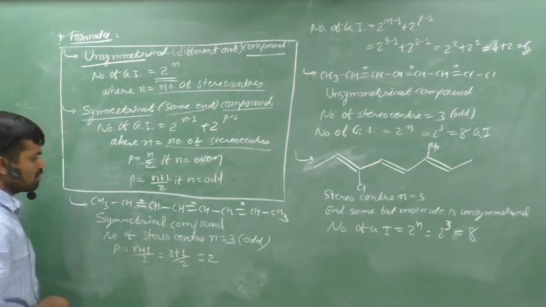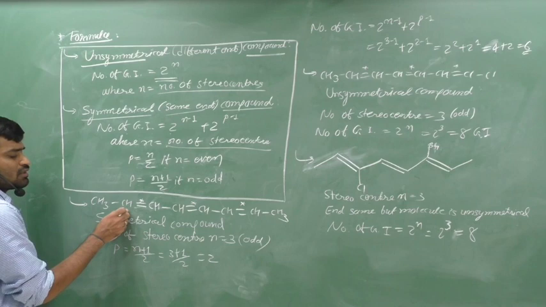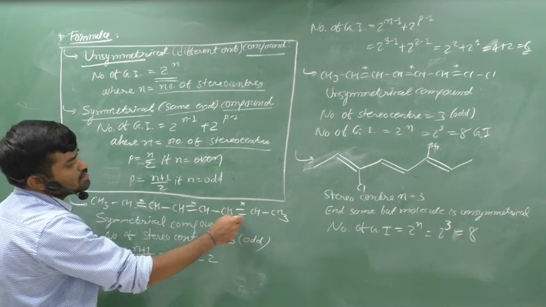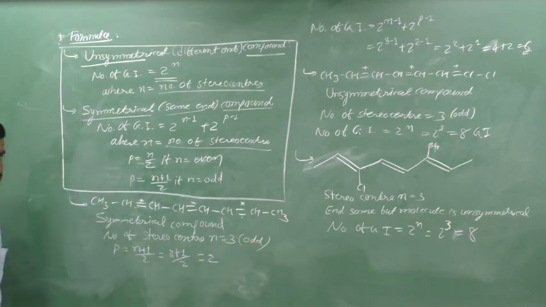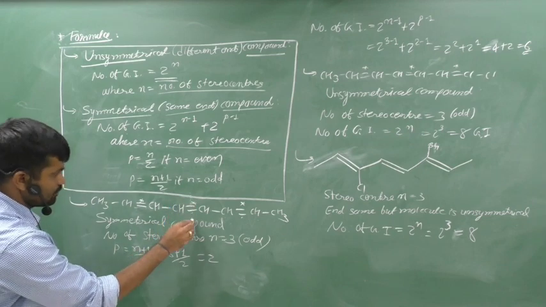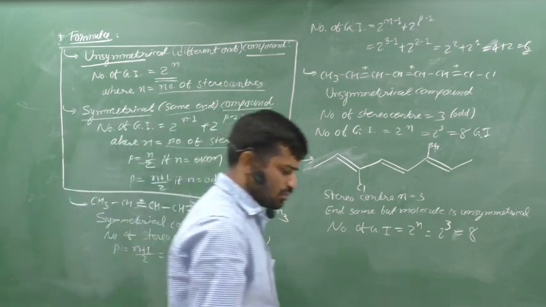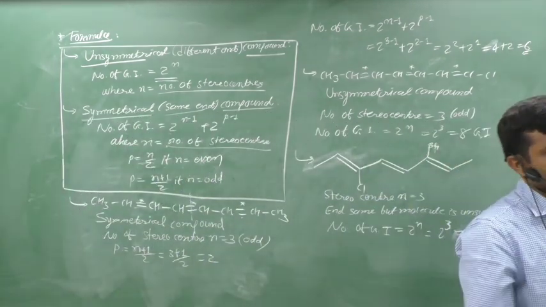Suppose we have a compound like this: CH3, CH, double bond CH, CH, double bond CH, CH, double bond CH, CH3. If we think about the geometry of this compound, it is like this. If we cut from the center or middle, we can have two equal halves.